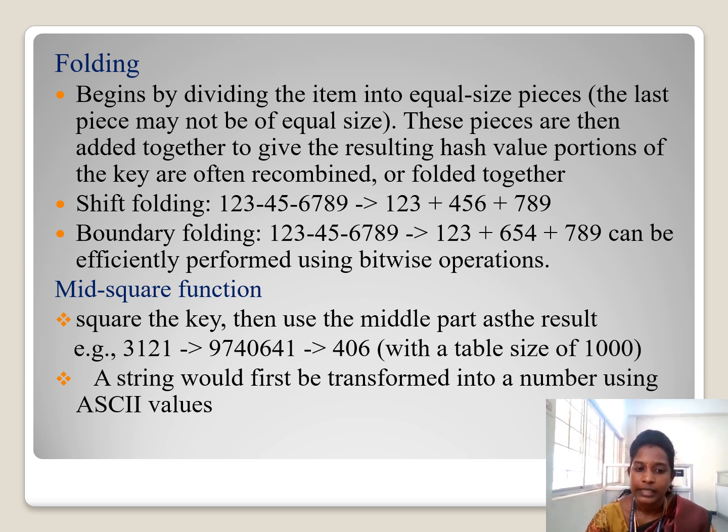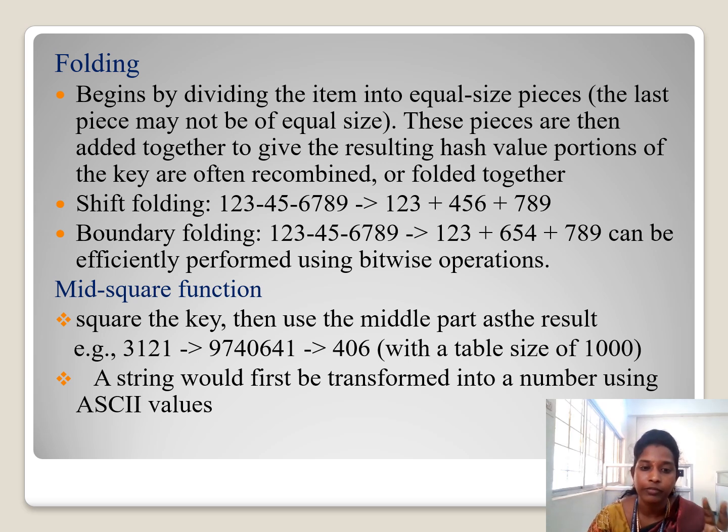Next is the mid square function. In the folding method, we divide the given integer into equal halves. If 4 digits have been given, we can easily divide it into 2 and 2.